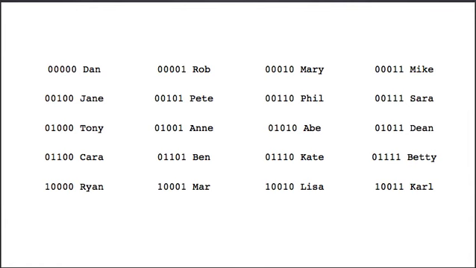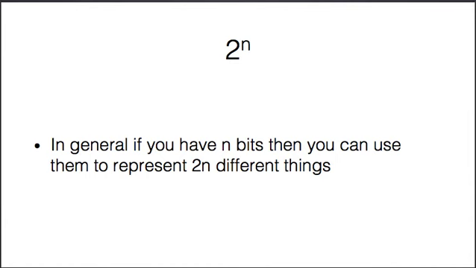So depending on how many different things you need to represent, you may need some more bits. In fact, in general, if you have n bits, you can represent 2 to the power of n different things.